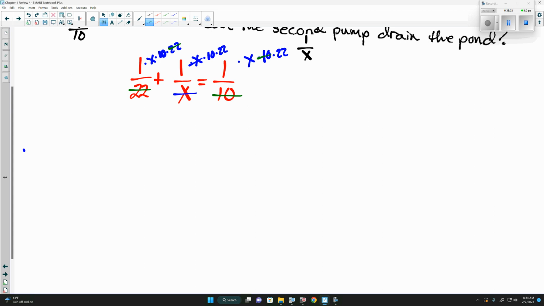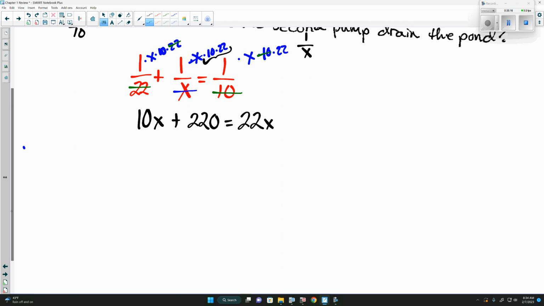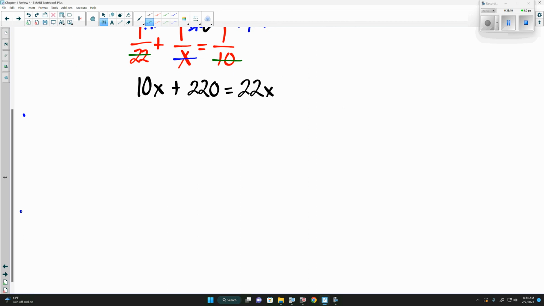And what this will leave us with is 10x plus, well, 22 times 10 is 220 is equal to 22x. Questions on this here? Now we just need to get x by itself. So I can subtract 10x from both sides, which tells us that 220 is equal to 12x.